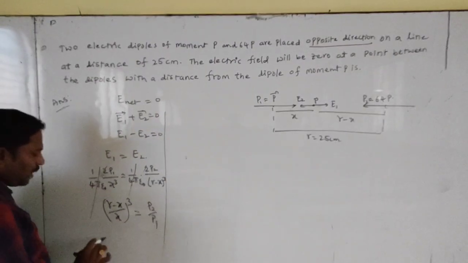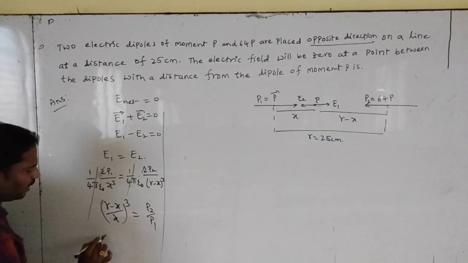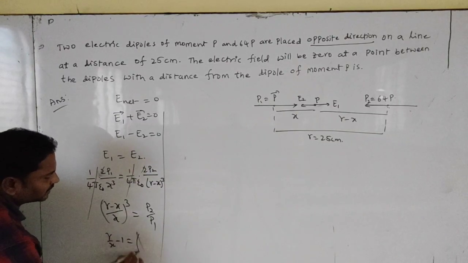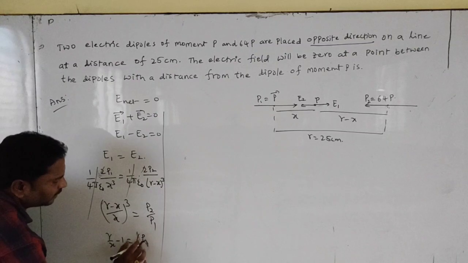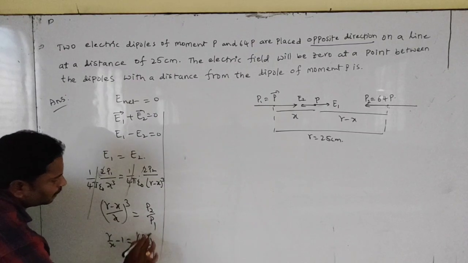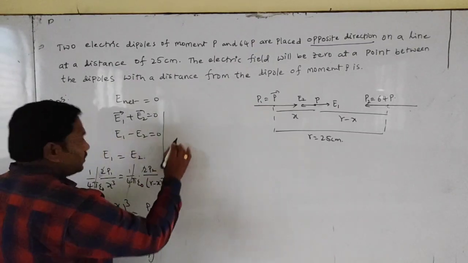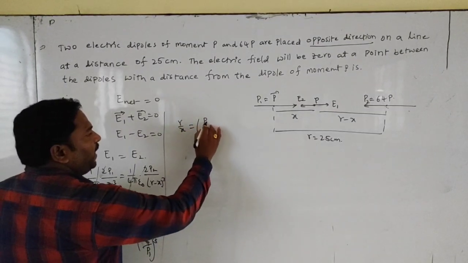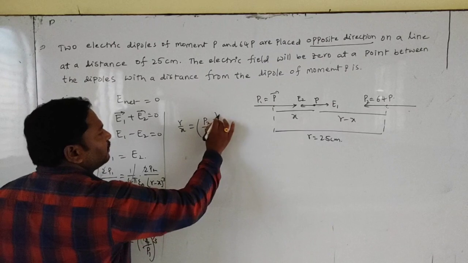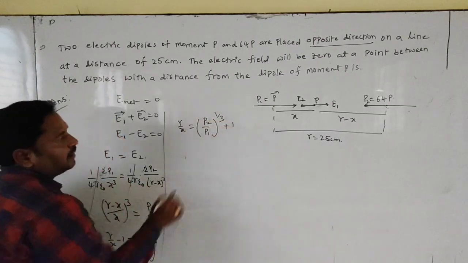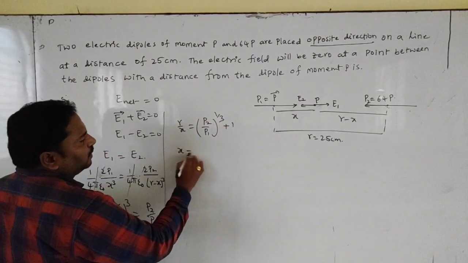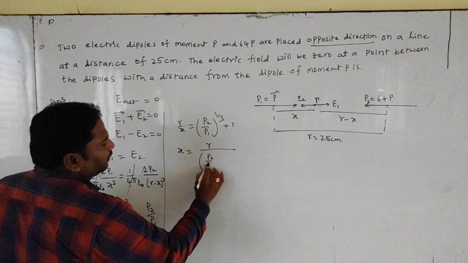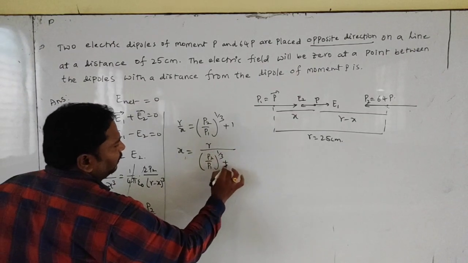Now r by x minus 1 equals (p2 by p1) whole power 1 by 3. So now r by x equals (p2 by p1) whole power 1 by 3 plus 1. Now we can write x equals r by ((p2 by p1) whole power 1 by 3 plus 1).